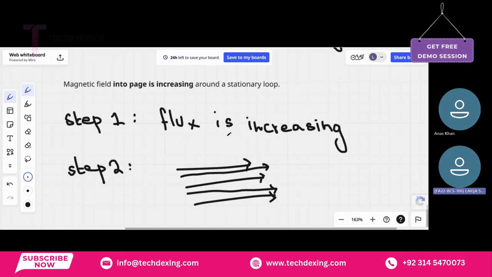But our system wants to decrease the flux, not increase it, because it is already increasing.